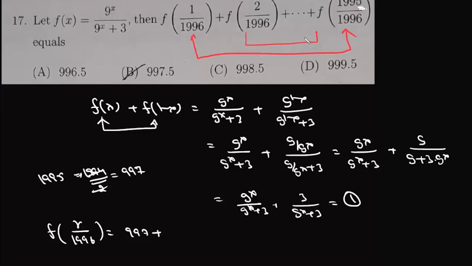And what is the middle term for this? The middle term will have the value 1 by 2. Now what's f(1/2)? f(1/2) will be 9 to the power 1/2, 3 upon 3 plus 3, which is 1 by 2. So there will be 997.5, and that's your option B.